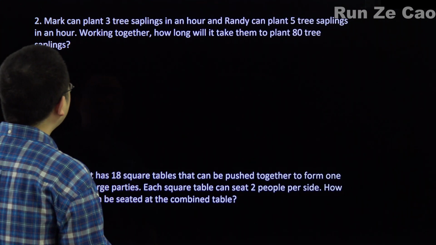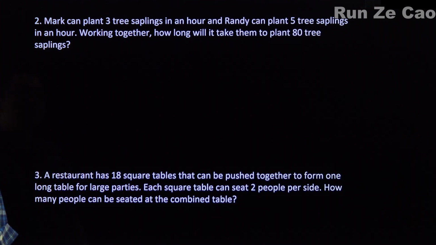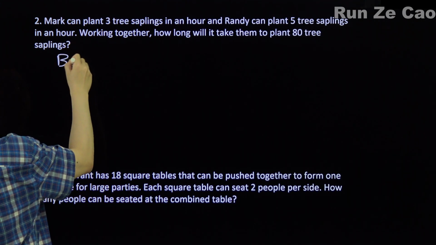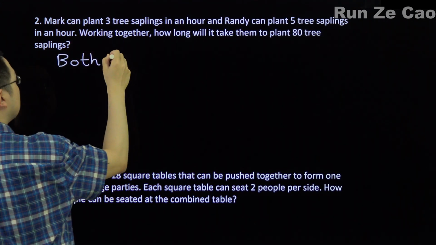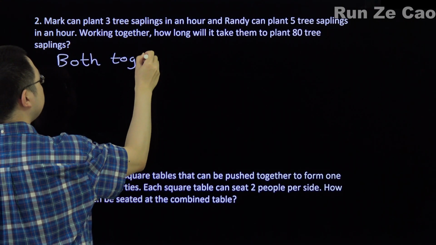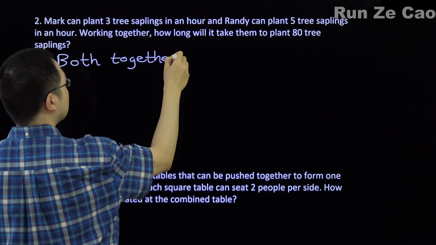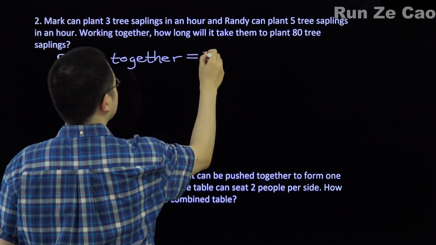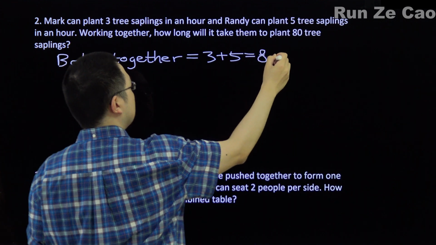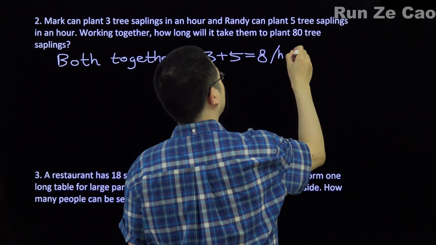Yeah. So how long will it take them to plant 80 tree saplings? Well, both together equals 3 plus 5 equals 8 per hour.